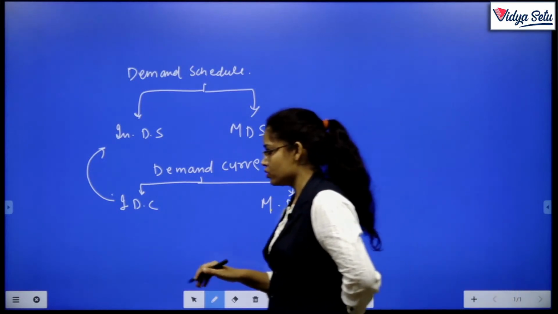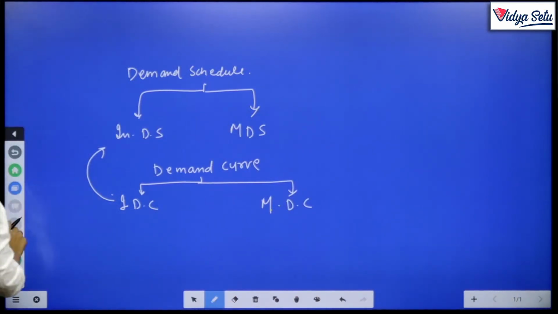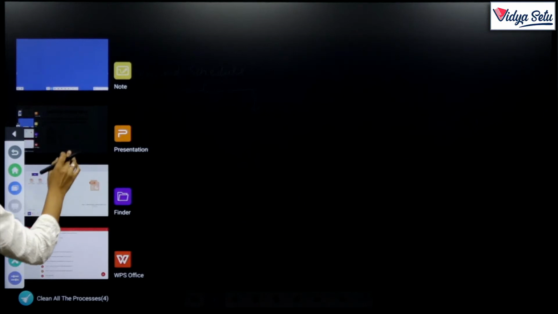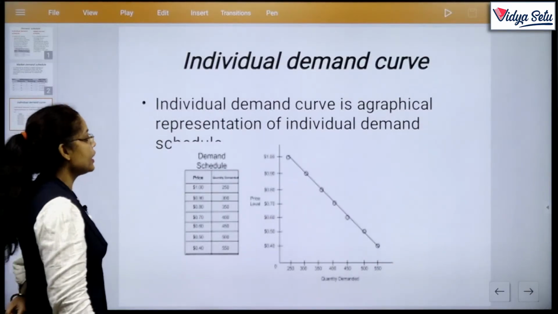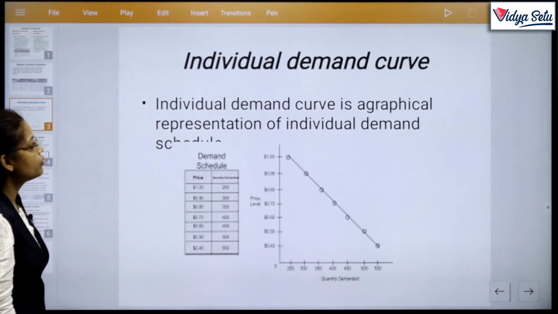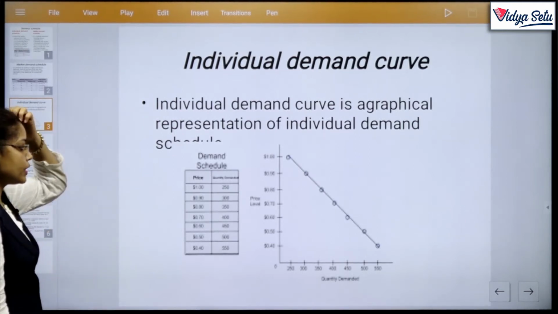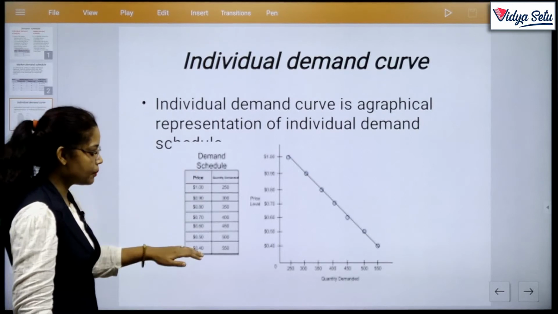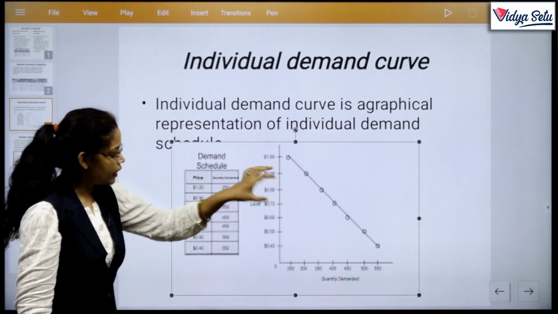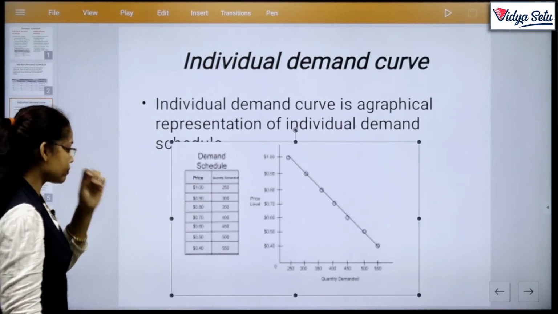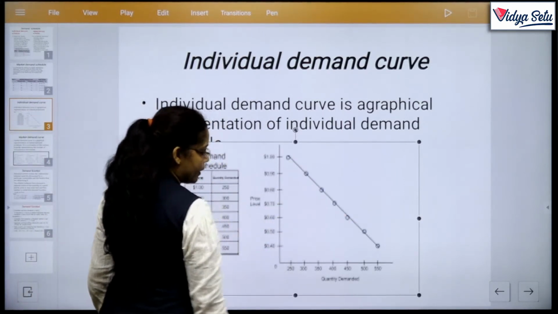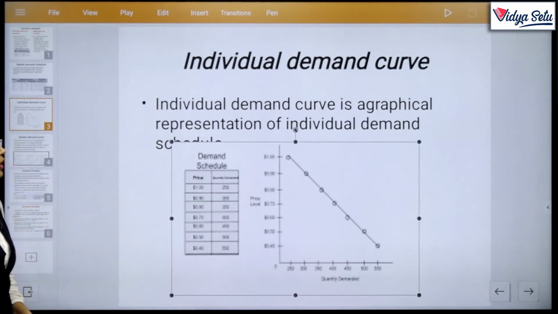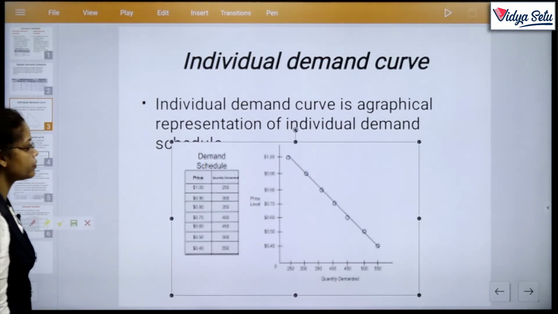So the individual demand curve is the graphical representation of the individual demand schedule. From the schedule, with various plotting points, the demand curve is the individual demand curve. We can draw this also.